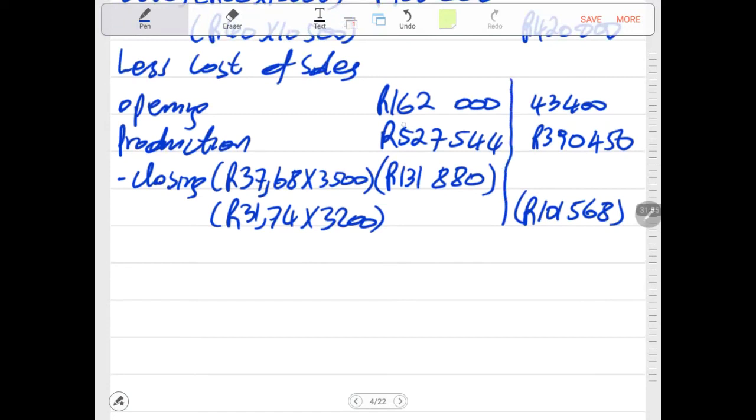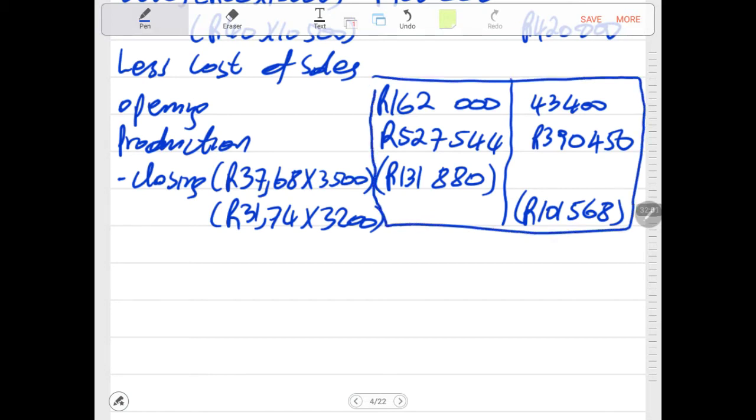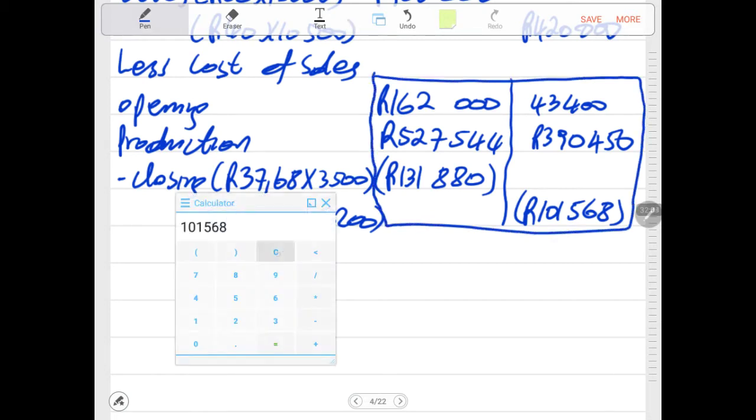So we can draw the line there in calculating our cost of sales. Then we say opening 162,000 plus production 527,544 minus closing 131,880. Then we get the cost of sales as 557,664, negative.